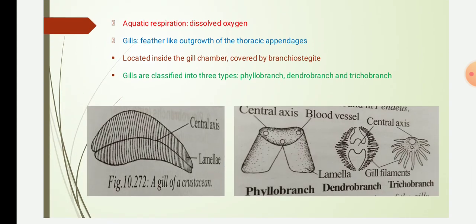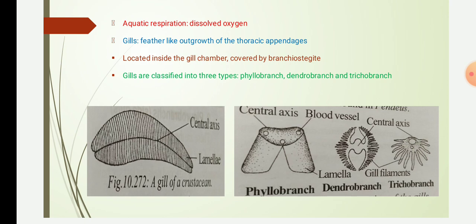So what is aquatic respiration? Aquatic respiration involves the utilization of oxygen which is dissolved in water. It occurs in the aquatic arthropods, and there are different types of organs that bring about this aquatic respiration.